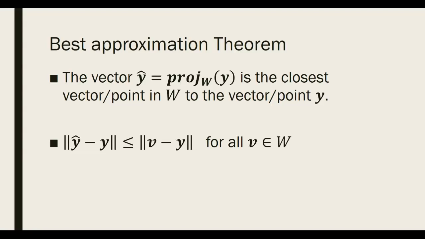The projection of Y onto W is the closest vector, or the closest point in W, to the vector or point Y. Again, whether you're thinking about Y as the vector itself or the endpoint, the projection of Y onto W is going to be my closest point in W to Y. And that's all this says: the length of Y hat minus Y is less than or equal to the length of V minus Y for any vector V in W. Okay?